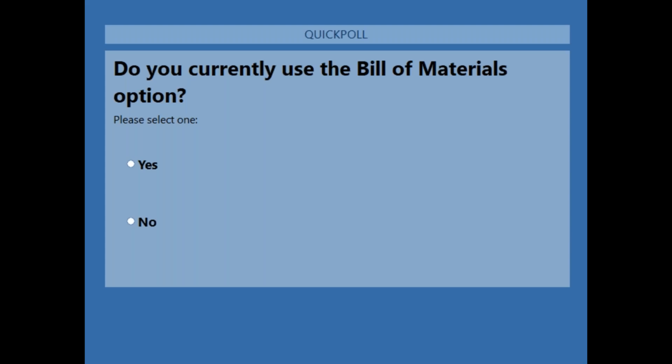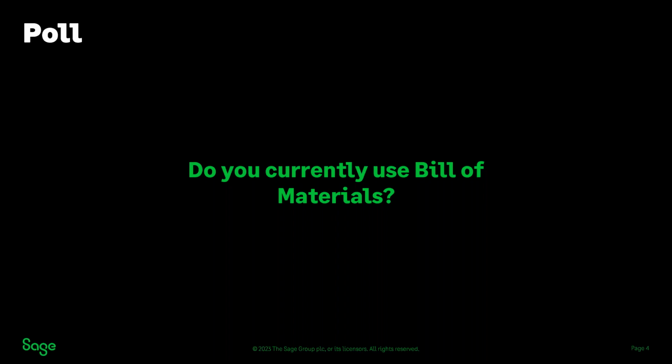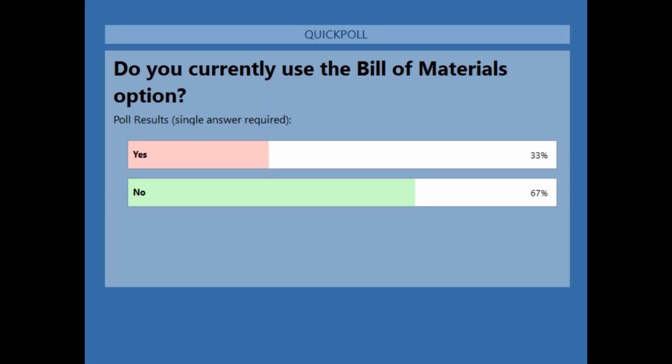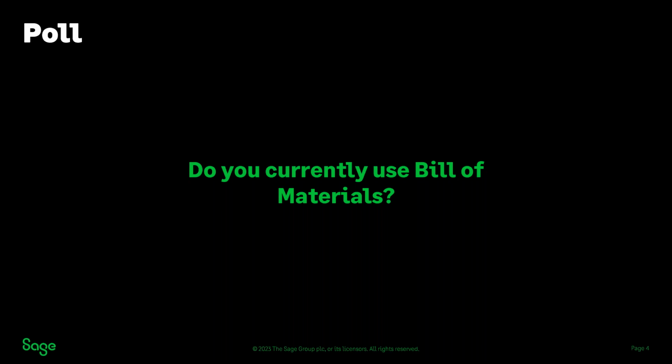Okay, lovely, we've got enough votes, so I'm going to close that down now and share the results with you. Actually 67% of you don't use Bill of Materials at the moment, but 33% of you already do. That's a really good show of what we're going to be showing you today. It will give you a better idea of how the process actually works within the software. I'll hide that poll for you.